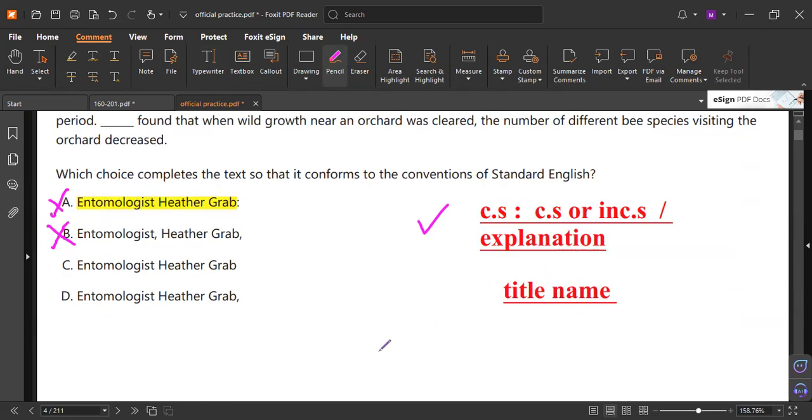Again, don't separate the subject from the verb with only one comma like that. This is the subject, this is the verb. So why do you use a comma to separate it like that? This is wrong. Subject, verb, object, this part is wrong. Common mistakes. That means it is wrong. So letter C is correct.